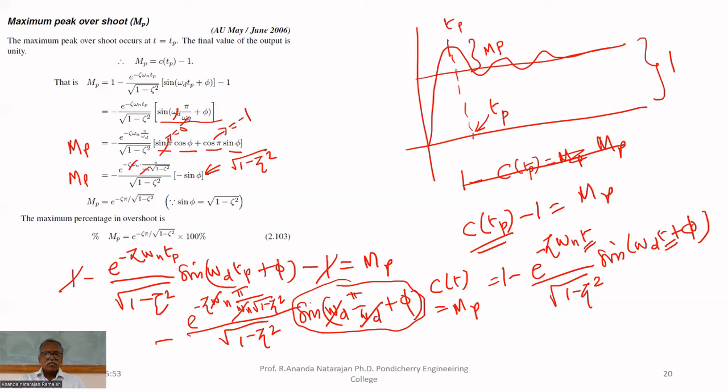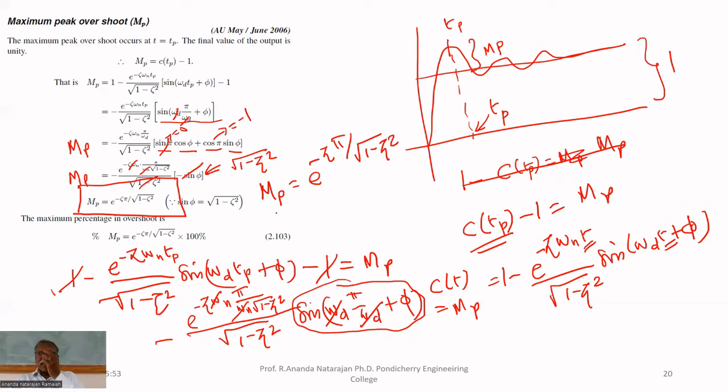Already we derived that. If you substitute it, the denominator square root of 1 minus zeta square and sine phi get cancelled. Therefore, MP equal to e power minus zeta pi upon square root of 1 minus zeta square.